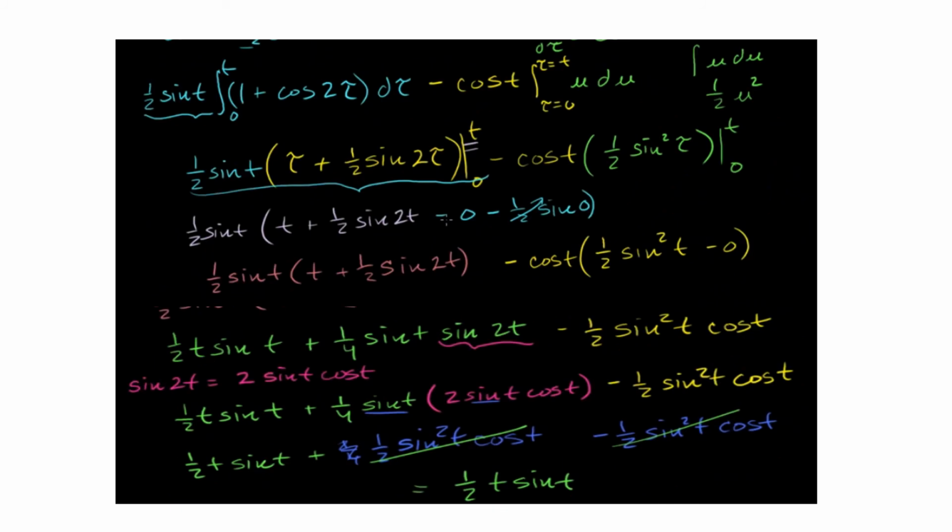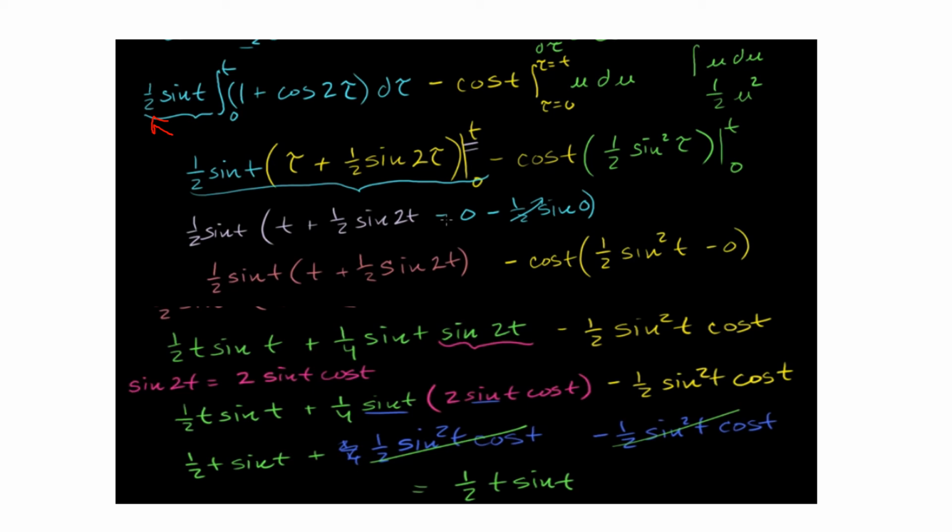Continuing the mathematical steps, sine t was already outside, and the half is also there. So cos square tau is replaced by 1 plus cos 2 tau divided by 2, that is one half, minus, again, the inner term replaced by u du.